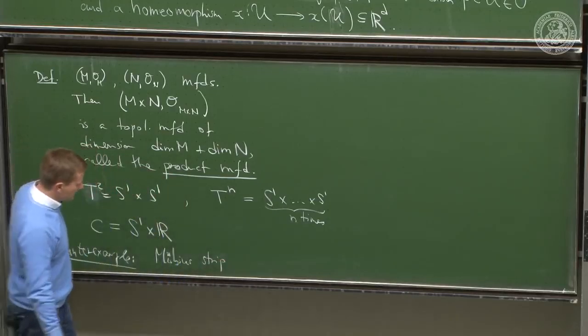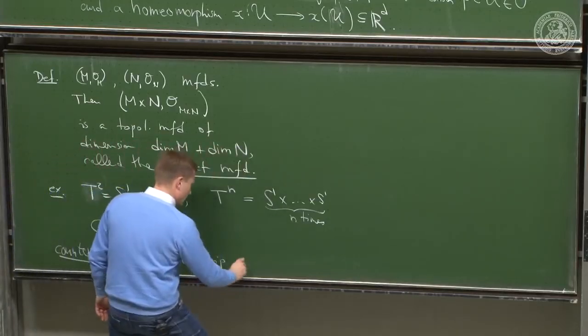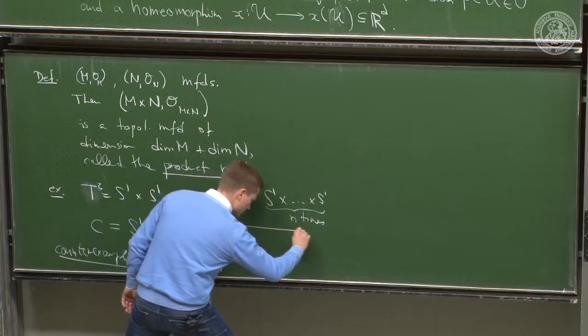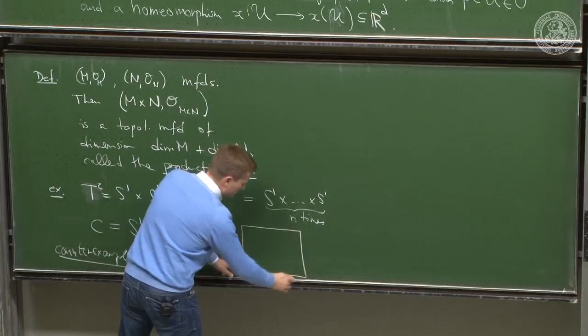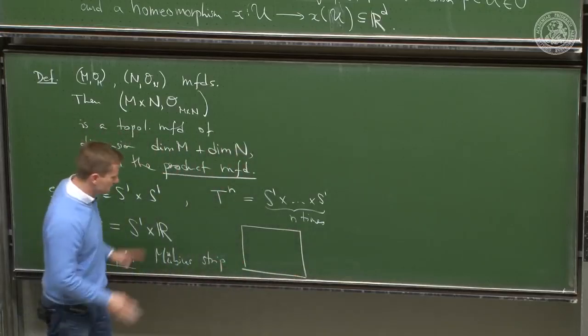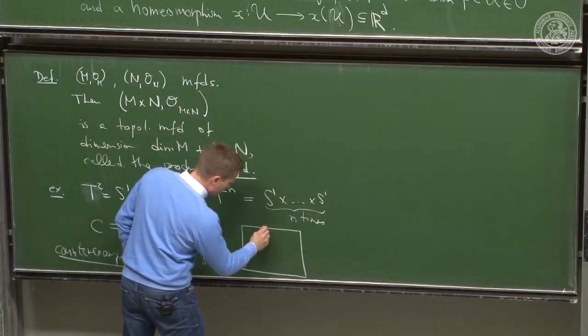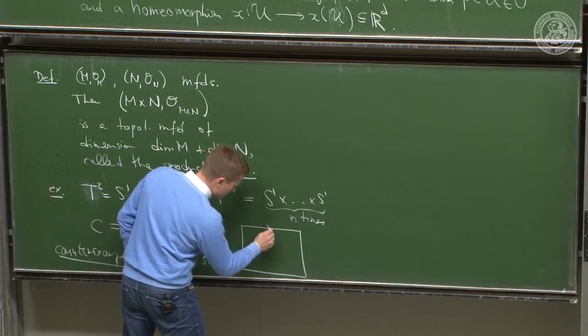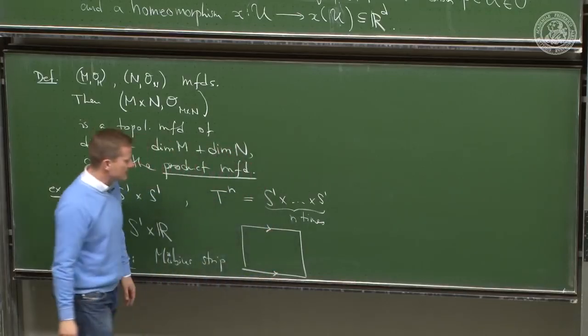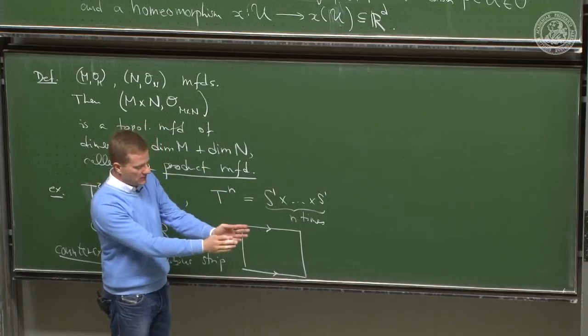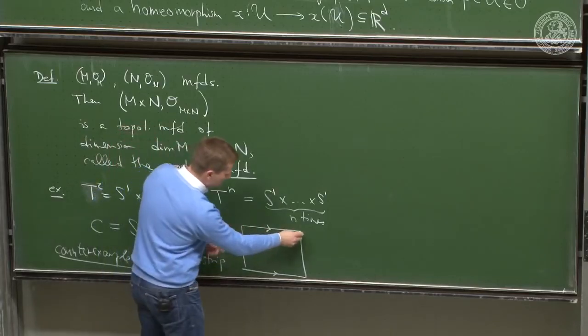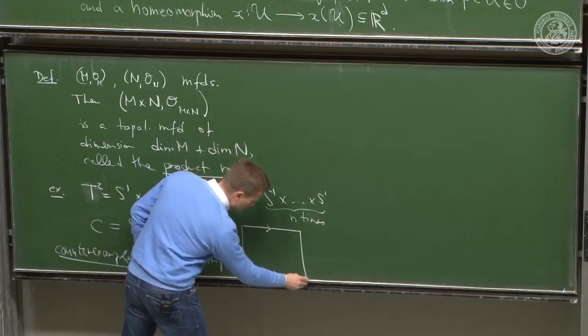The Möbius strip, so now that's tricky to draw. Let me do something that's fail-safe here. Take a rectangle. That's the space, and take this side and glue it to that side with this orientation. So it's like a sheet of paper, you turn it around, and then you identify this line with this line.